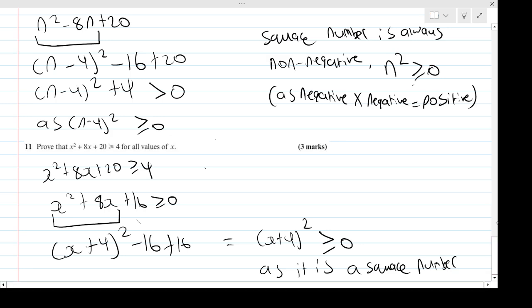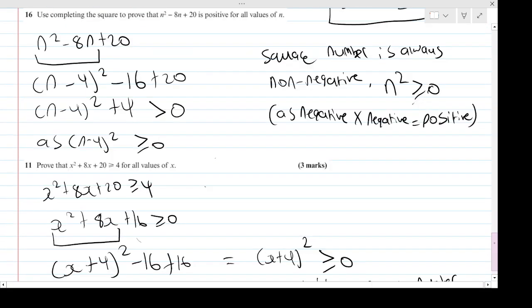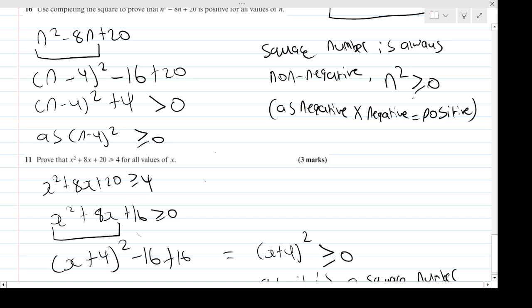You should bear at the back of your mind that we can use completing the square to prove that a certain quadratic can only be so large or so small, because of the fact we have a square number.